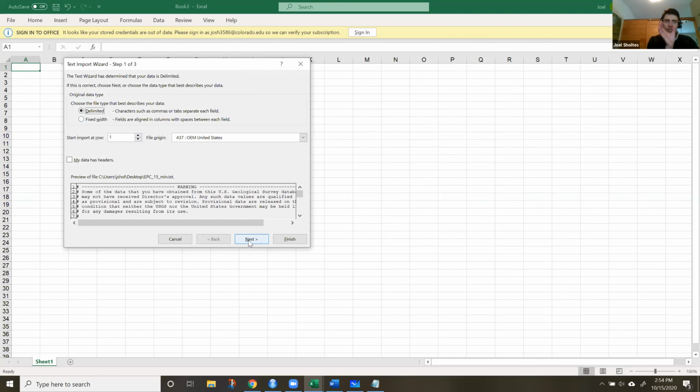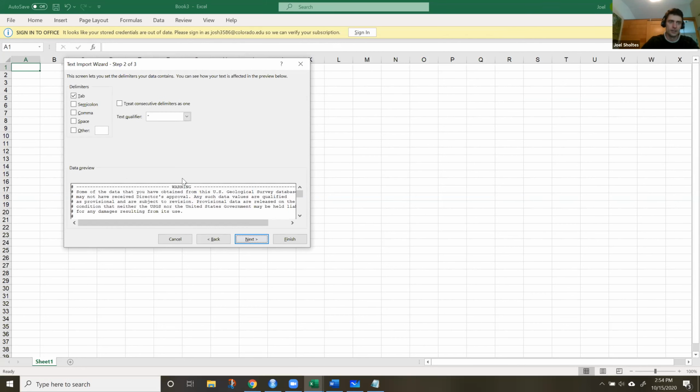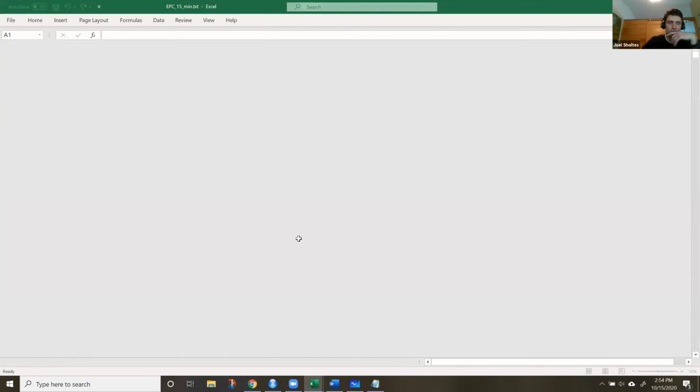Delimited just means there's something in between the columns, something that tells you how to break apart one column from the next. A delimiter. What's the delimiter? In this case, it's a tab. A tab is just a thing on your keyboard. It's like a space, except more. We know about comma separated ones, right? So that's the default. I can just finish.